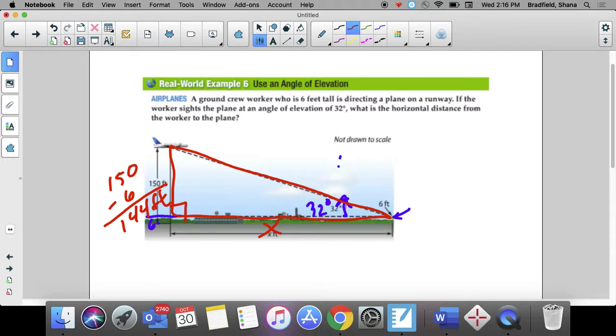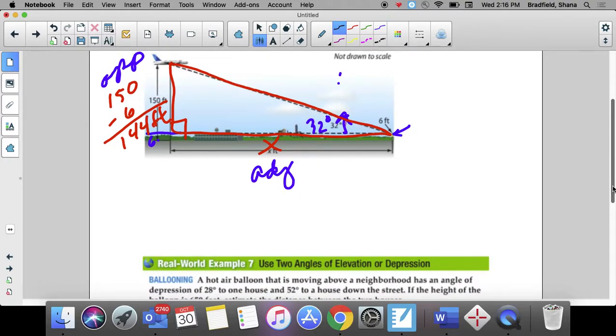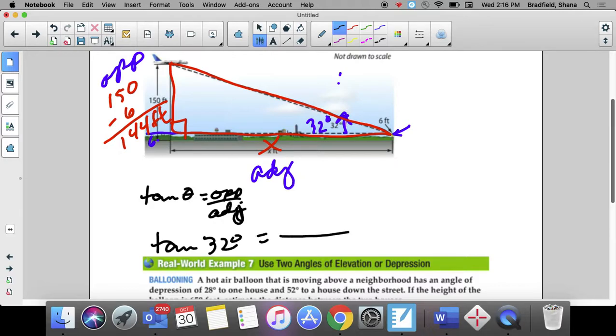So we actually have an adjacent side and an opposite side, and I want to use tangent to help me solve for this. Tan theta is opposite over adjacent. So the tangent of 32 degrees is equal to the opposite side, which is 144, over the adjacent side, which is x.